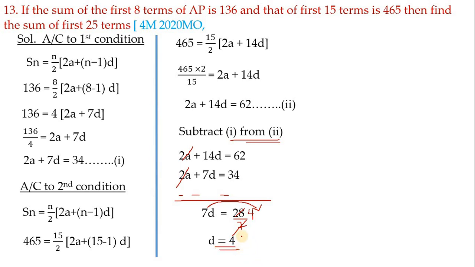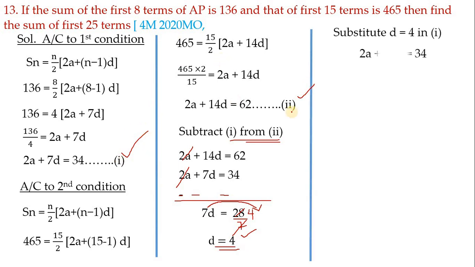So to find a value, this d value, substitute either in equation 2 or in equation 1. I am substituting in equation 1. So equation 1 is here in this place. So in this place I am writing 4. Now multiply this. 7 4s are 28.